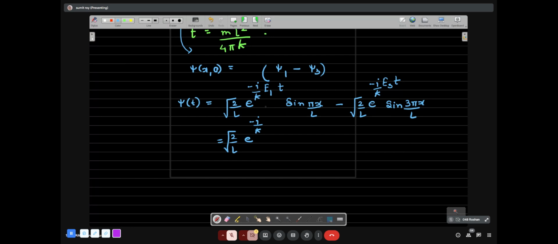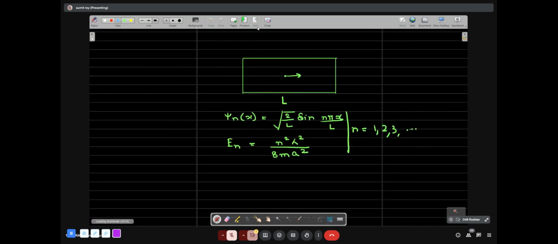What is the value of E1? h square by 8 m L square, so n square h cut square by 2 m L square. h cut is h by 2 pi, so h cut square is h square by 4 pi square.